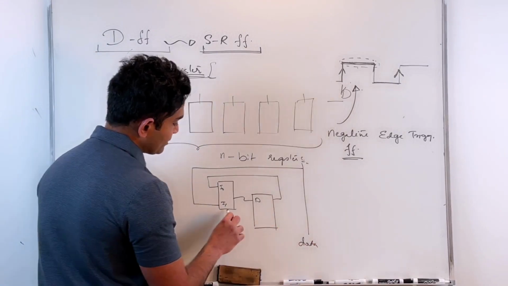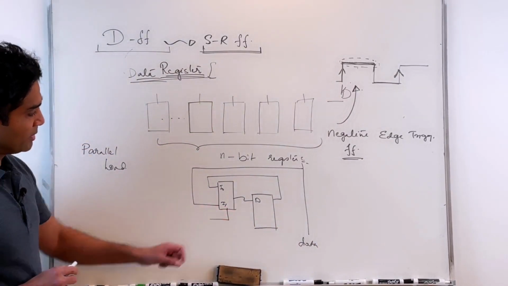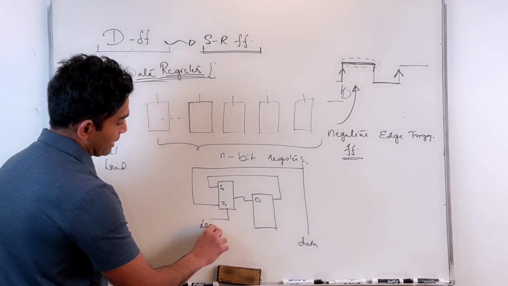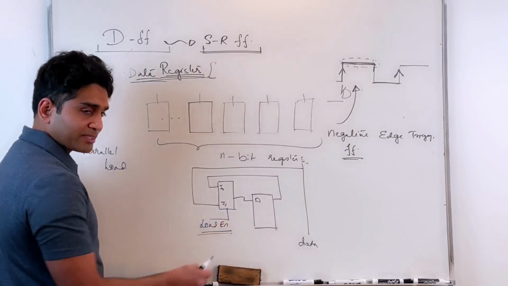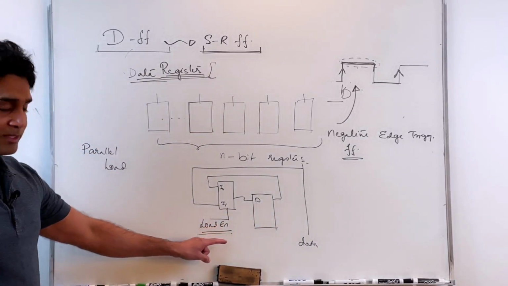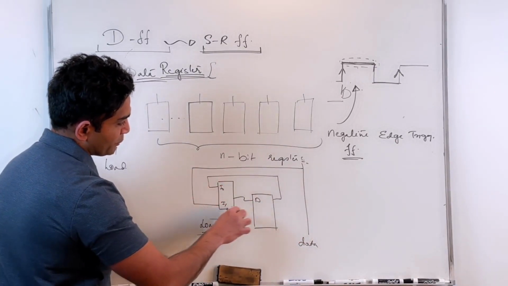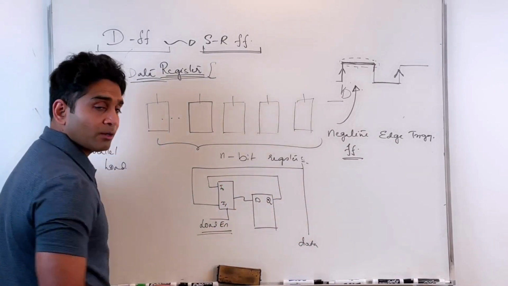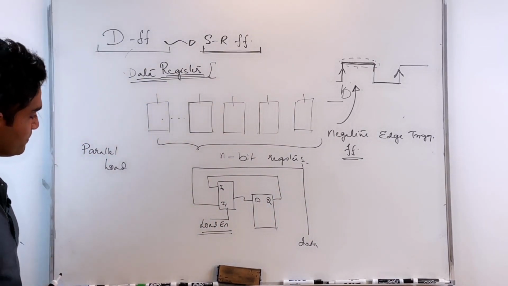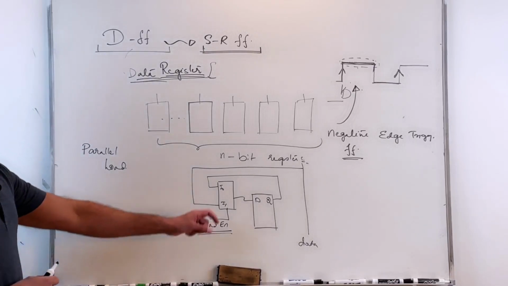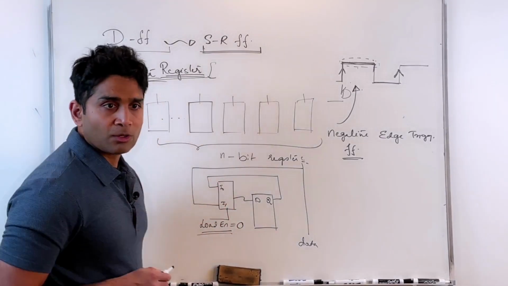That way, once the load enable signal is applied here, if I want to address this particular register, I place a load enable signal of 1, in which case I'm loading the data from the data bus into my D flip-flop on the next active edge, or the next triggering instance. And if I want to keep the data in memory, all I have to do is place a value of 0 on my load enable.